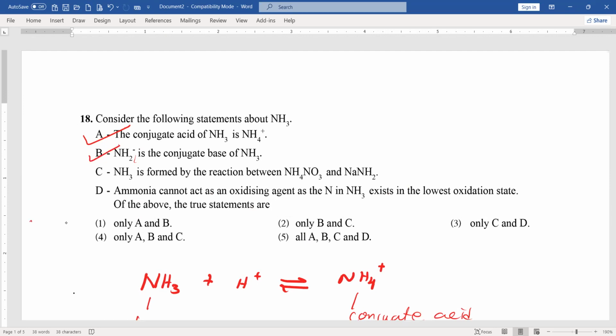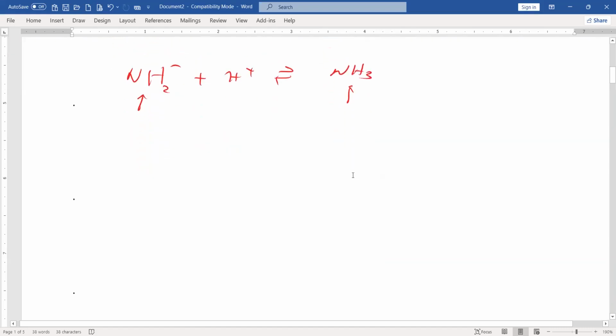See, ammonia is formed by reacting between this one and this. Ammonia is formed by reacting between the ammonium ion and the amide ion. Ammonium nitrate and NaNH2. Let's see.